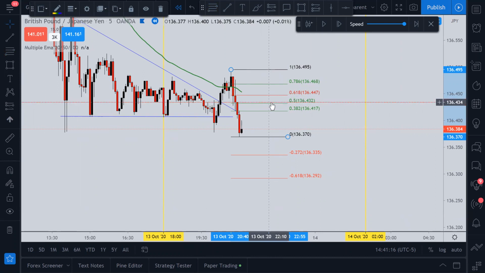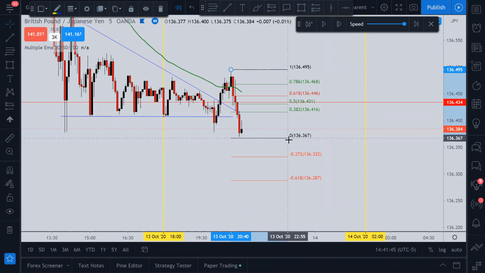Especially when I got this red line of this key level that I marked from earlier back here. It might stop there. It could stop here first, you know, but I would need a retracement to 382 to even think about getting involved first. And if it doesn't get past that, we don't have a trade anyway.